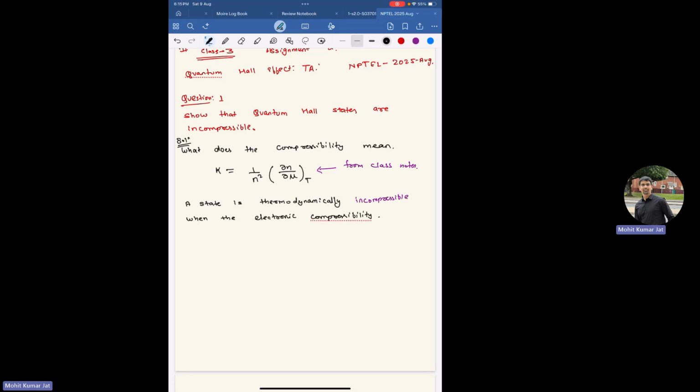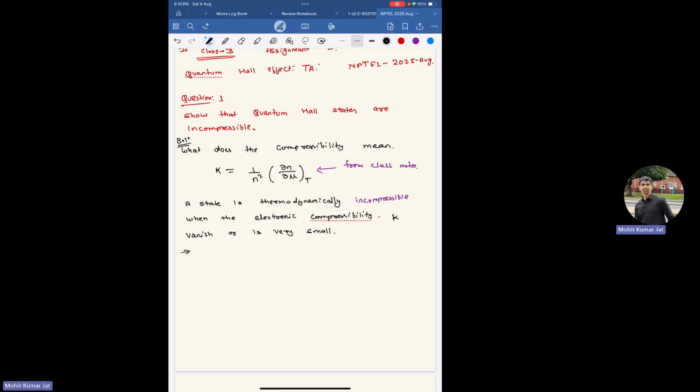Del n by del mu is essentially the density of states. When the density of states goes to zero, you don't have any available states in the system. Equivalently, the density does not change when the chemical potential mu is varied within an energy gap.